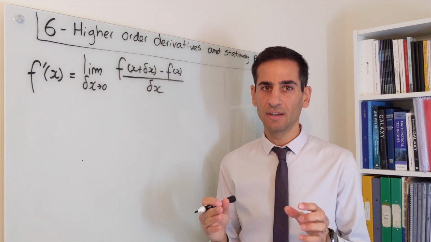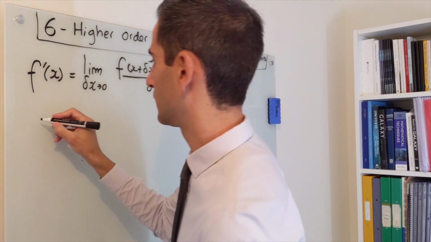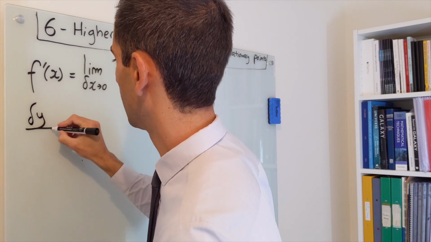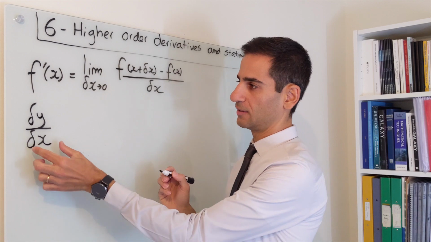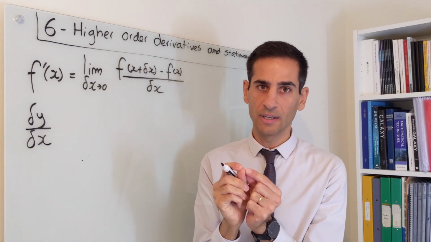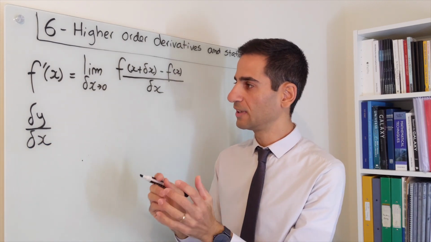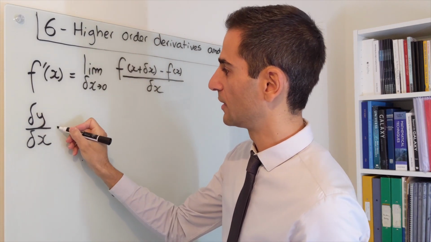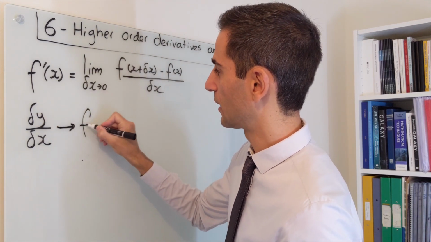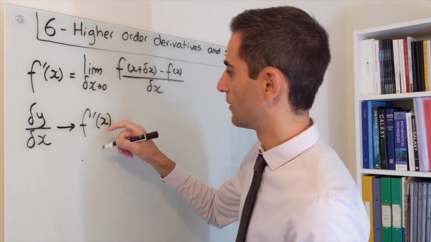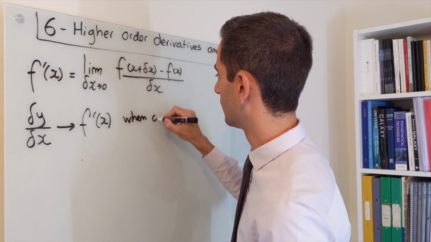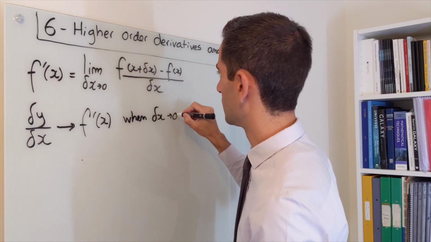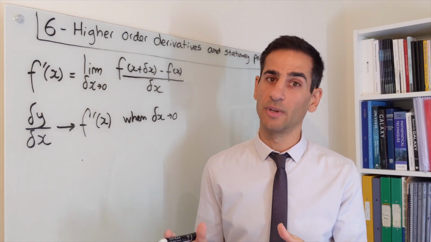We obtained a quantity that we called dy/dx when we were thinking about these being very, very small displacements. And we've seen that essentially this quantity would go to the actual derivative of f of x when we take dx to 0. Essentially the same definition that we have above.